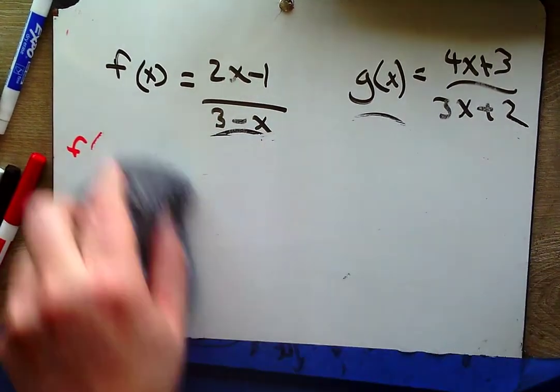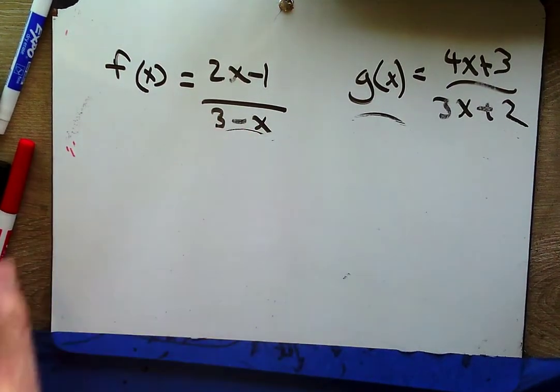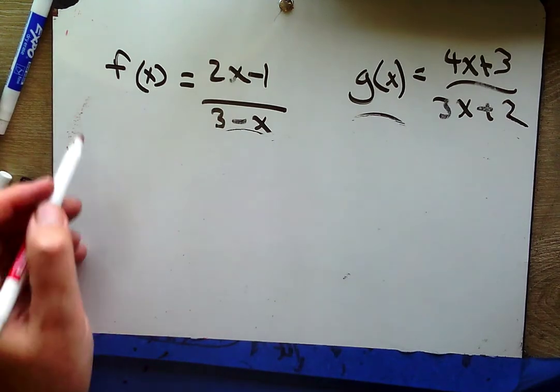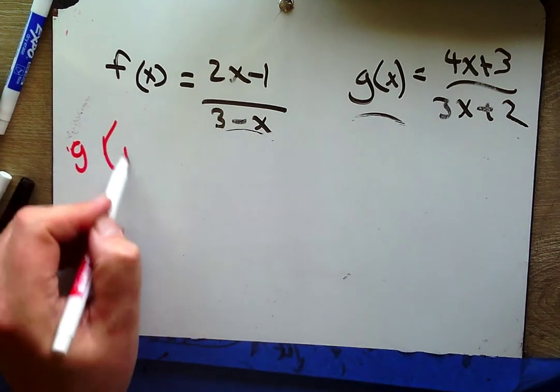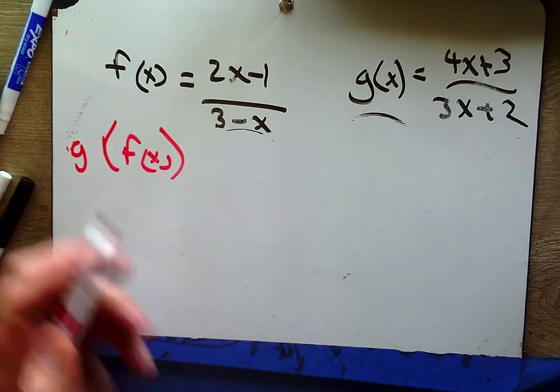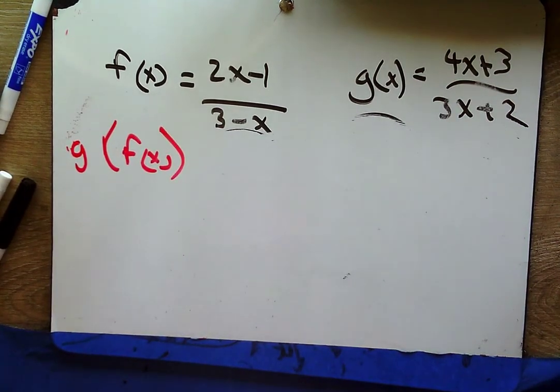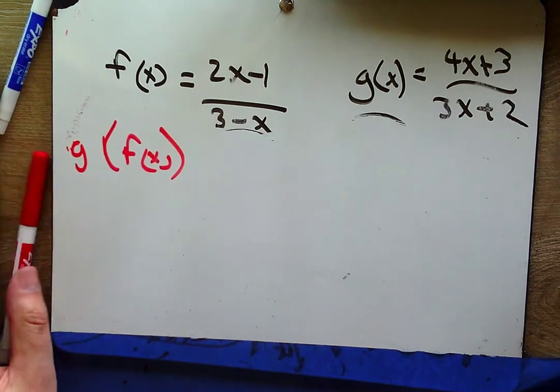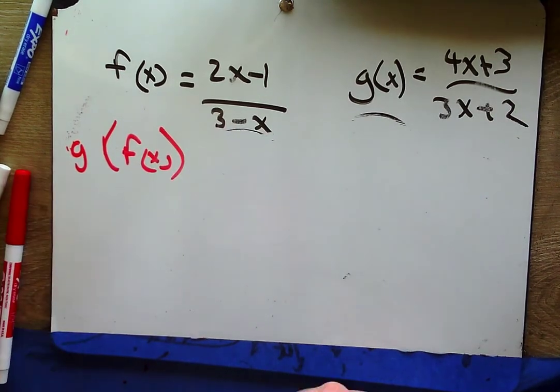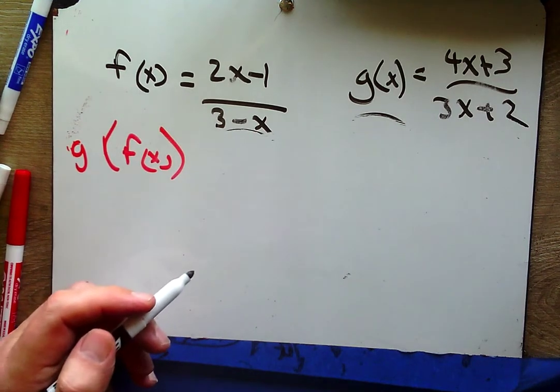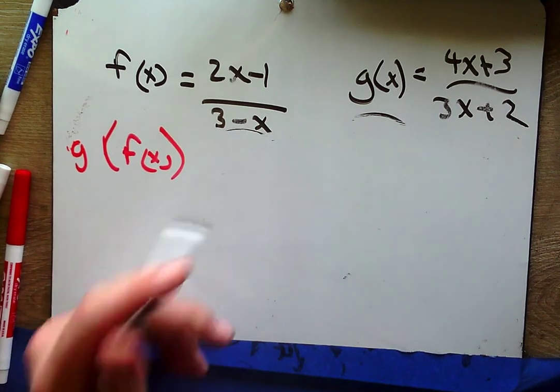Though, I do think it would be nifty keen if now, before you left, you did g of f of x. What happens when I plug in f into all the x's of g? Don't be scared, go slow, and don't forget to make a common denominator after you substitute. All right, go try it out.